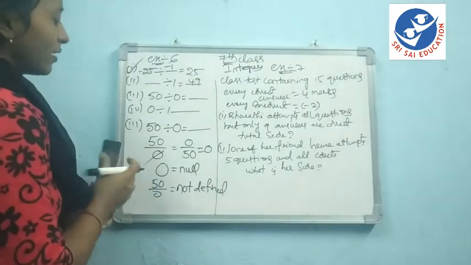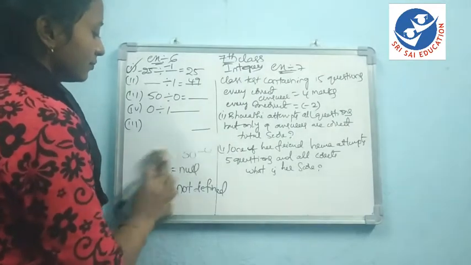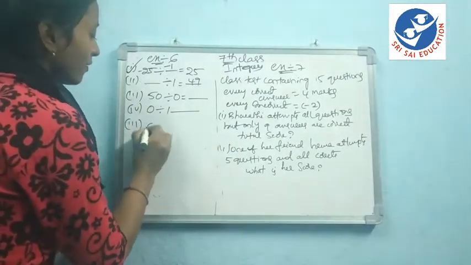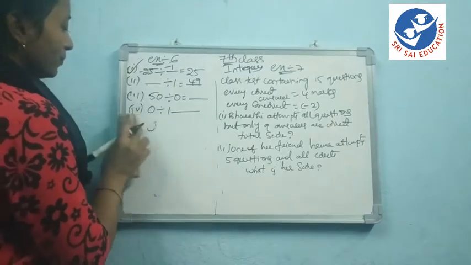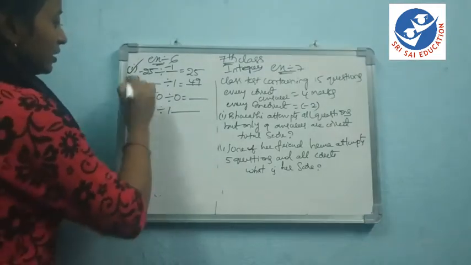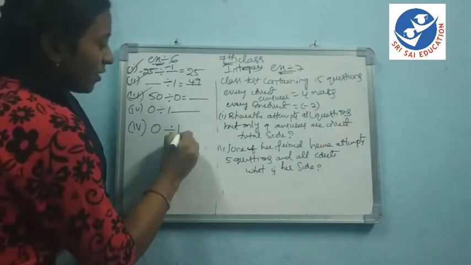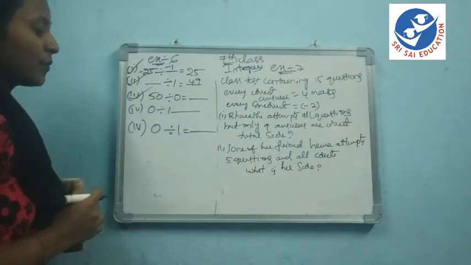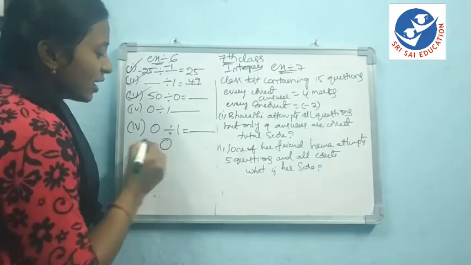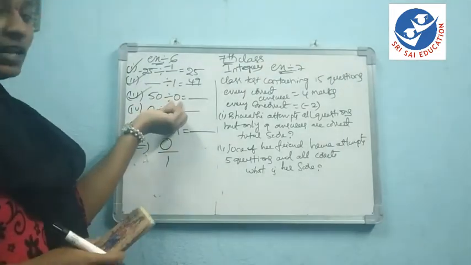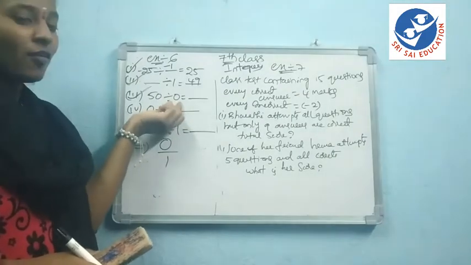And the fourth one, in this we observe 0. In the fourth problem, 0 divided by 1 equal to which number? 0 is the numerator. In the previous problem, 0 was in the denominator, so that is not defined.